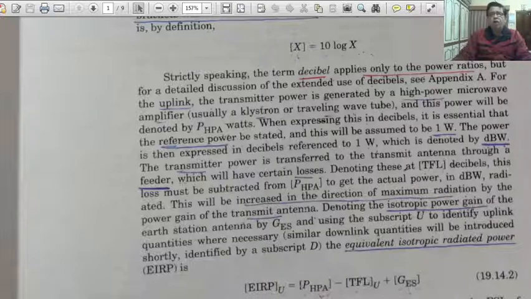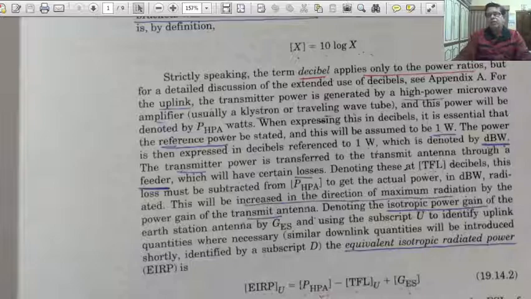The transmitter power is transferred to the transmit antenna through a feeder, which will have certain losses. Denoting these as [TFL] decibels, this is known as transmit feeder losses.